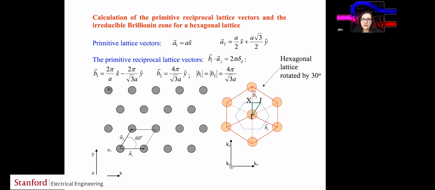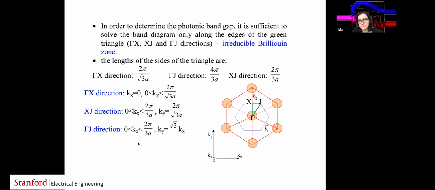Exactly. So now, this is the final result. Gamma X direction, as you said, kx is 0, ky goes from 0 to 2 pi over root 3 a. XJ direction, ky is 2 pi over root 3 a, kx changes between 0 and 2 pi over 3 a. This is just coming from the value at the J point; you can easily calculate that one.